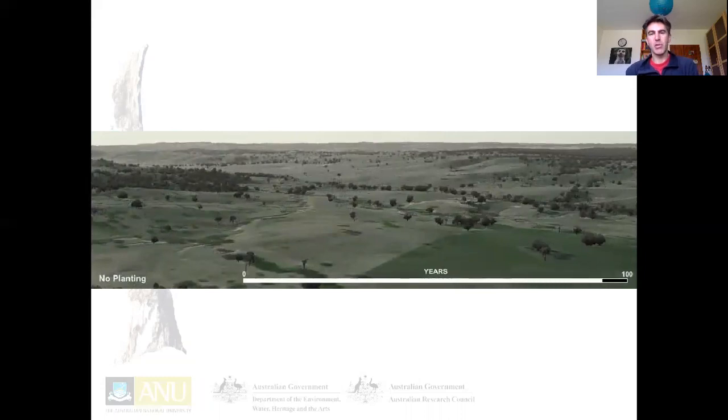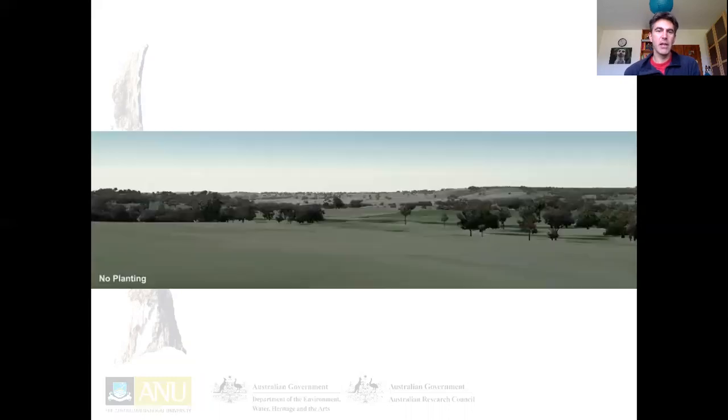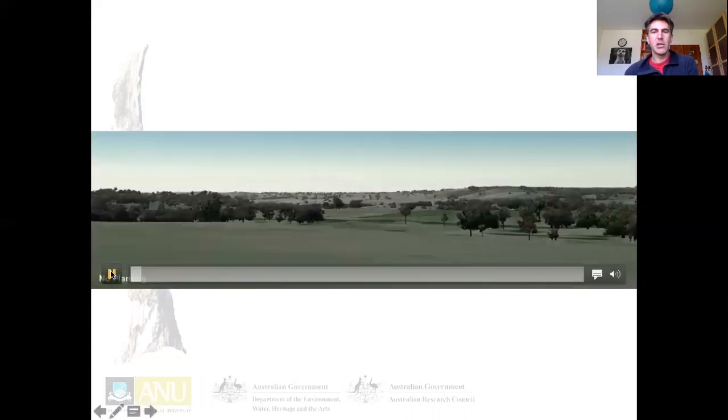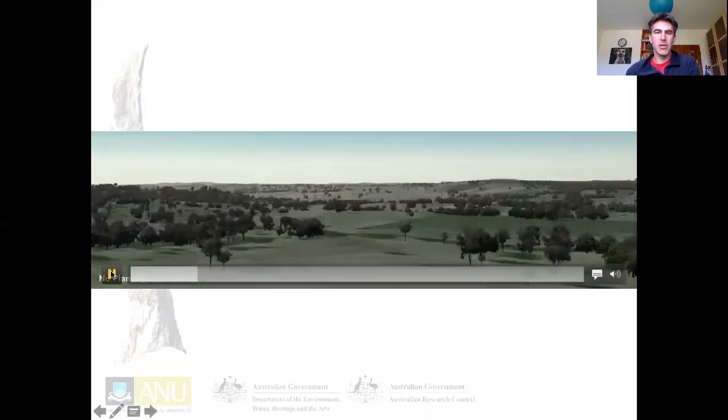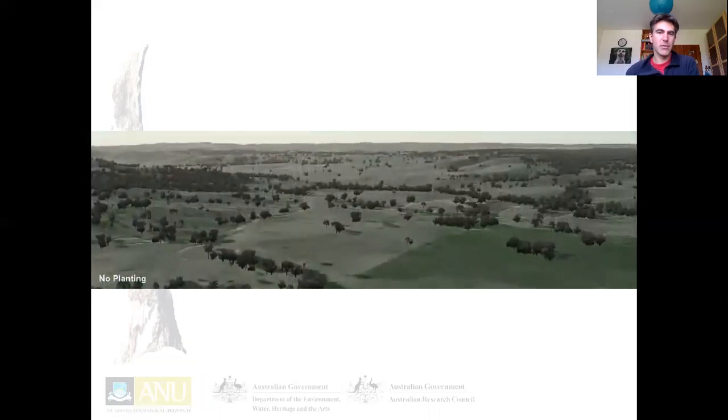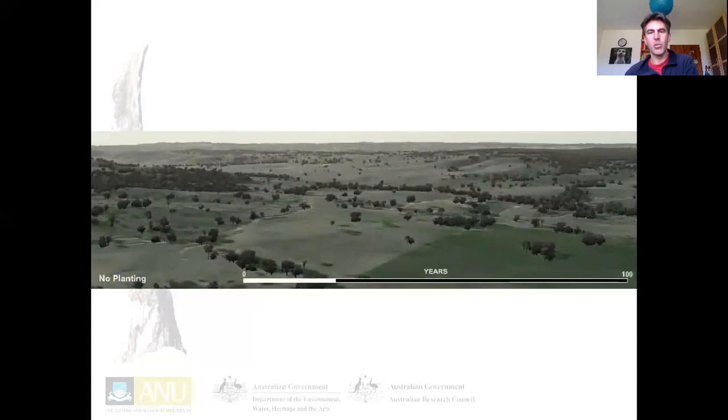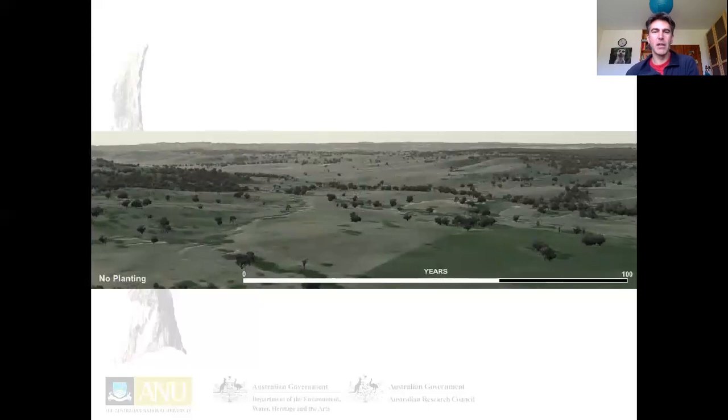And we looked at that through time. So 100 years into the future, let's just play this again. 100 years into the future, there will be a lot less tree cover than right now because we have so many mature trees, but not enough regeneration under status quo management in much of the landscape. Of course, people don't think 100 years ahead, but that's essentially what we're proposing where the landscape is heading over the next 100 years.